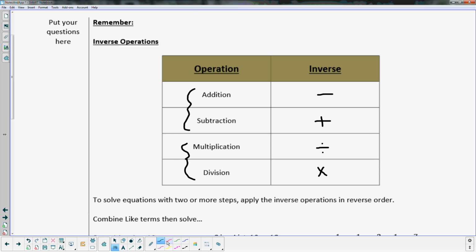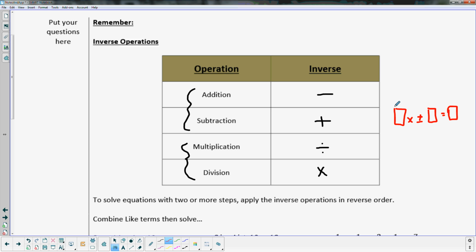My main goal for all of this is I want every equation to have three parts. That is some number, which I'm just using a rectangle for here, times my variable, and then plus or minus, I don't care which one, some other number, and I want that to equal some number.